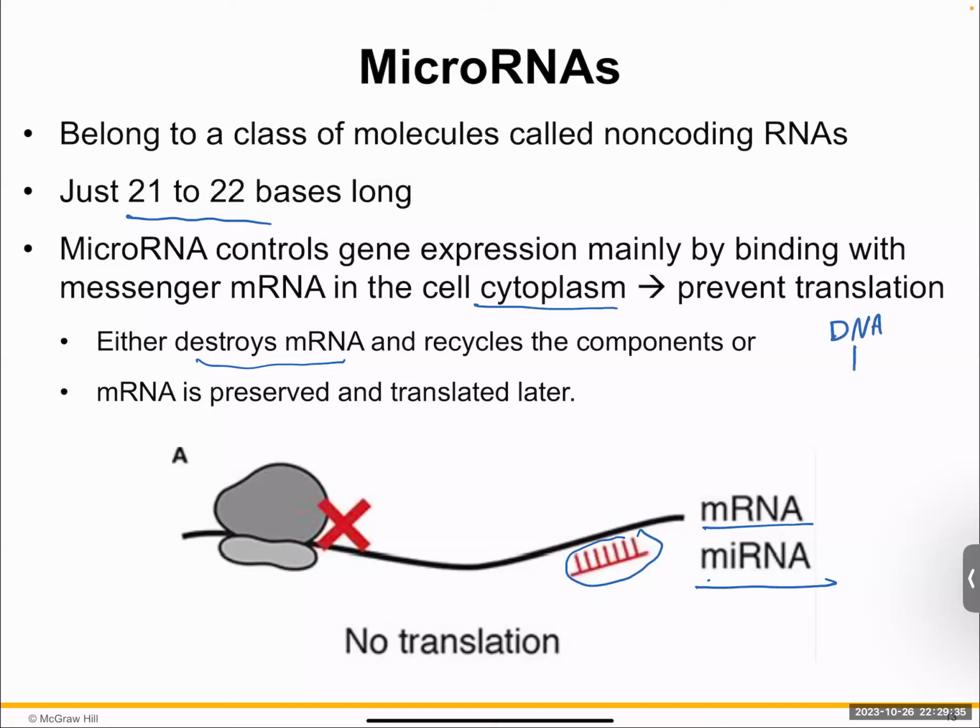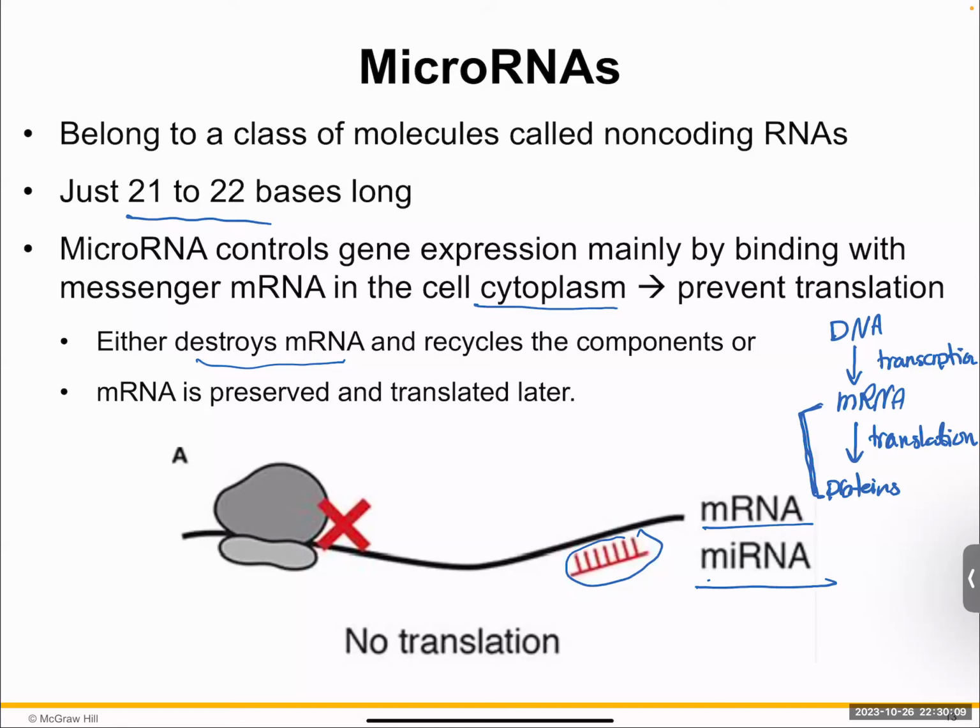For those who might not remember, I'm just going to show you this process. So DNA became mRNA, right? This is the process of transcription. And then mRNA was used to make your proteins, which is the process of translation. So when we're looking at this process specifically, the microRNA is targeting this portion of the process by interacting with the mRNA.